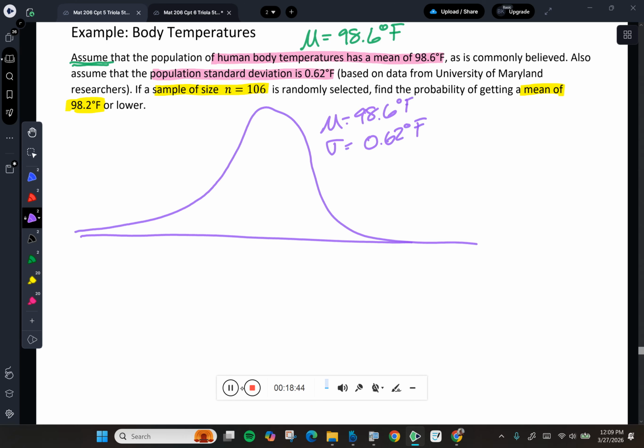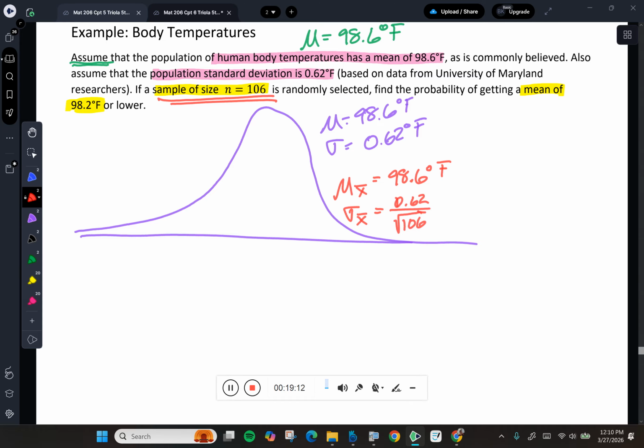If I create a sampling distribution of size 106, the mean of that sampling distribution is still going to be 98.6 degrees Fahrenheit, but the standard error of that mean is now going to be 0.62 divided by the square root of 106.